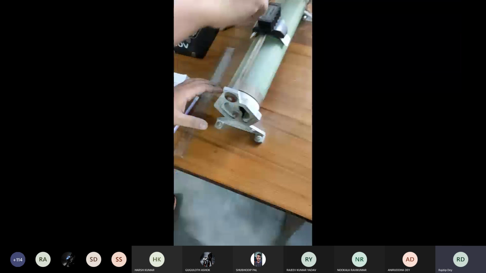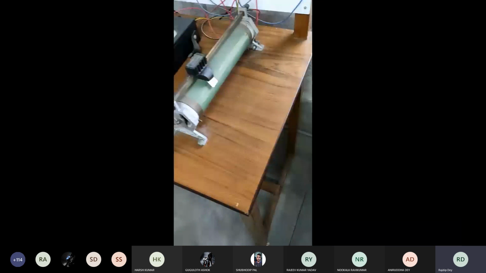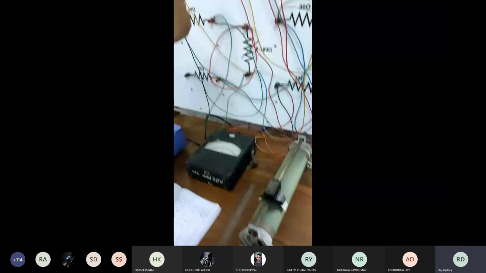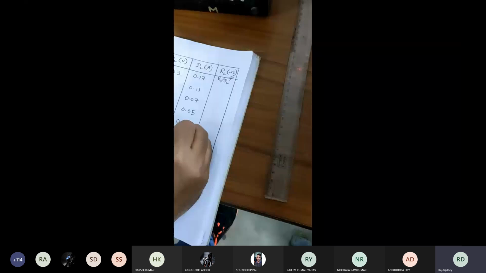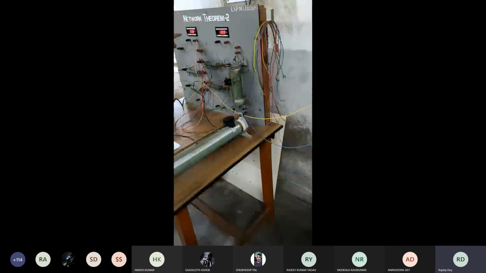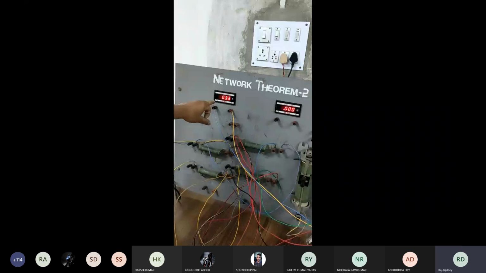We'll take another reading like this. Here we can see our current is now 0.04 ampere, and our voltage reading is near about 3.3.